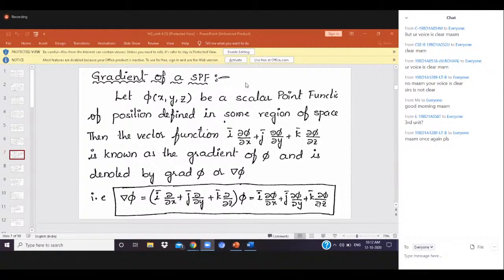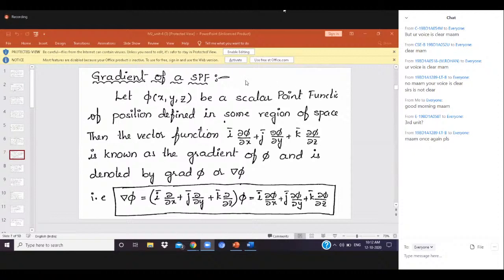Let phi of x comma y comma z be a scalar point function of position defined in some region of space. What is del? What is the gradient of a scalar point function? What does it signify? After telling the definition, I will discuss the physical interpretation of the gradient also. Don't worry, after completion of the definition, sure I will explain.